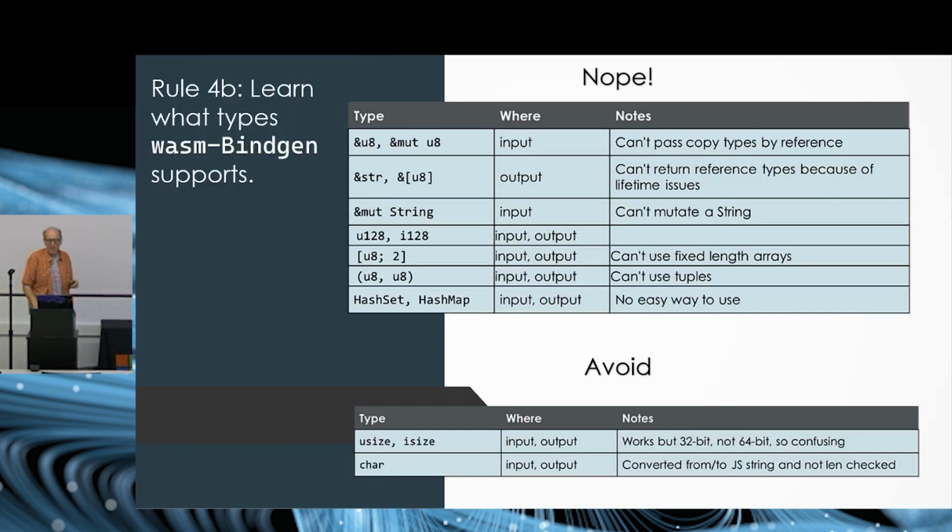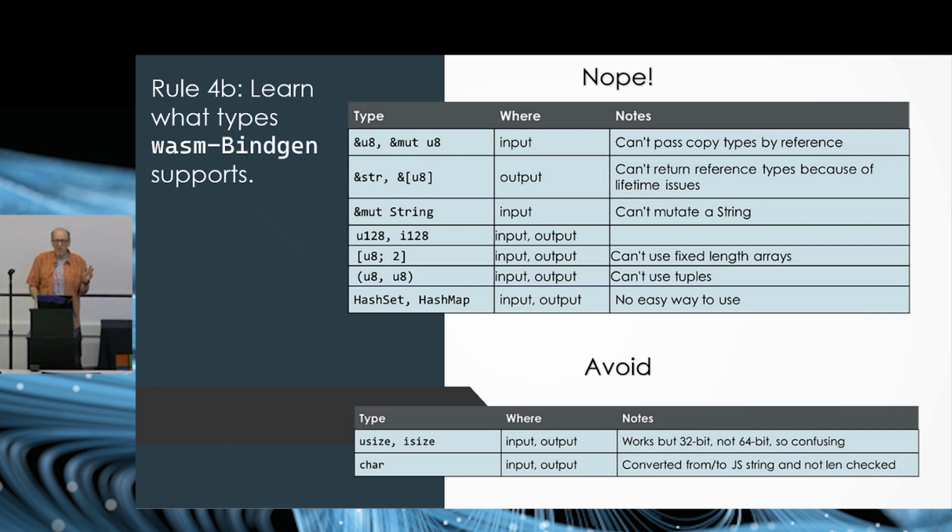Here's the nopes. You can't pass these simple types by reference, but who cares? Because if it's only a short number, you can just pass the number. You can't output a slice of strings or bytes. And the reason is because now we'd have 2 different things owning the memory and controlling it. So that's just not allowed.